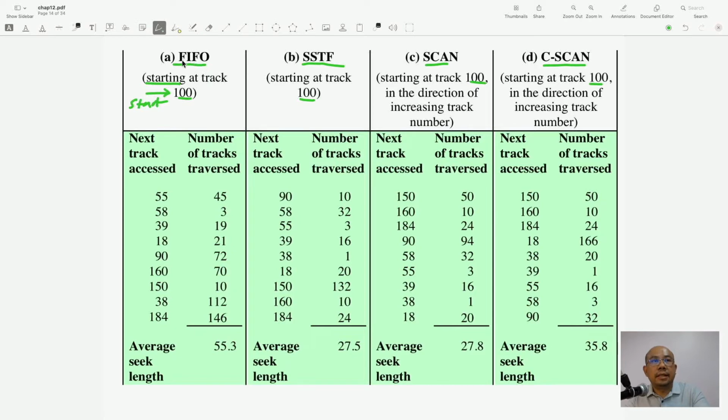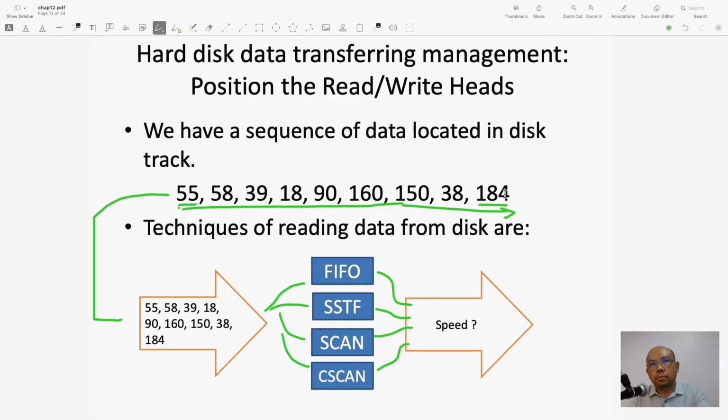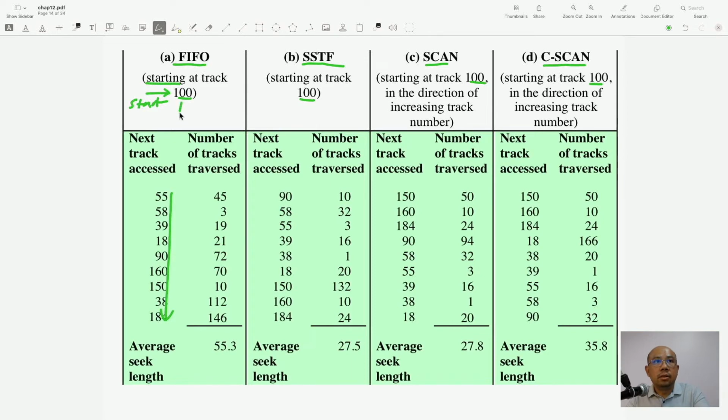Now, first in, first out means the first job to come is the first job processed. So this is the sequence of tracks: the sequence of data starts from 55, 58, 39, 18 until 184. From location 100, the head of the hard drive moves to 55, which passes 45 tracks.